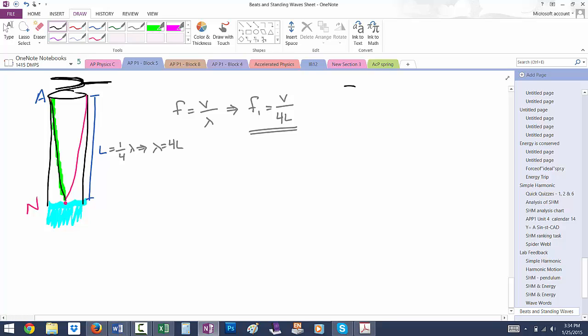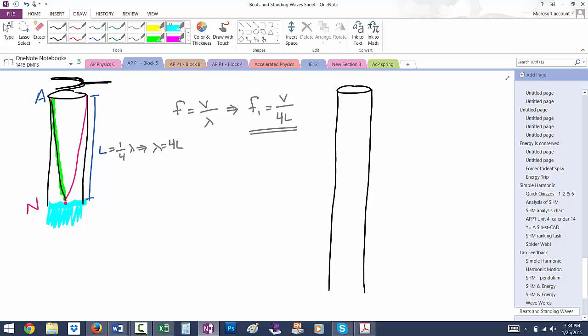If we look at something a little more interesting or a little more complicated, if you remember when you were doing your lab, some of you found resonant heights both high and low for some of your tuning forks, and that's lovely. So we're going to make this longer length where we also found a resonant length. So here's my new length. In this case, we're going to have another standing wave, which means that we still have an antinode at the top, we still have a node at the bottom, but now we're going to have a node in the middle and an antinode in the middle.